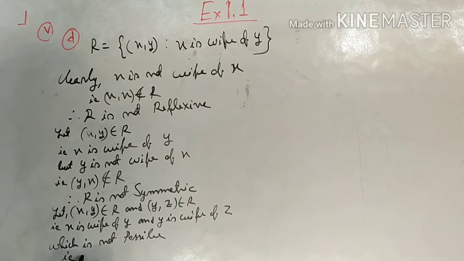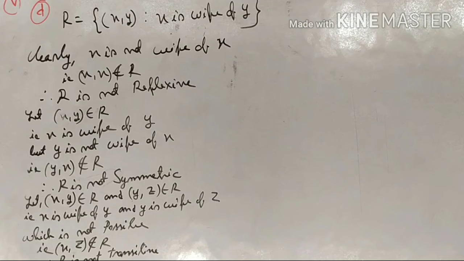So (x, z) does not belong to R. Therefore R is not transitive. All of you understand?